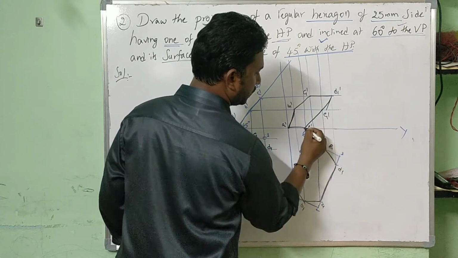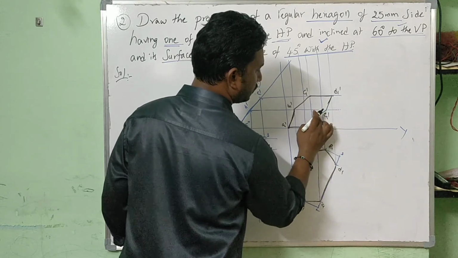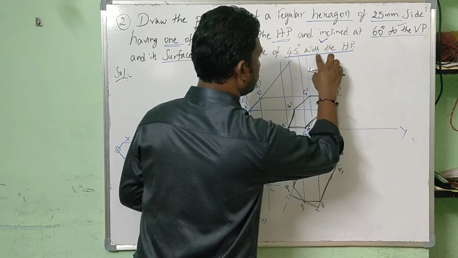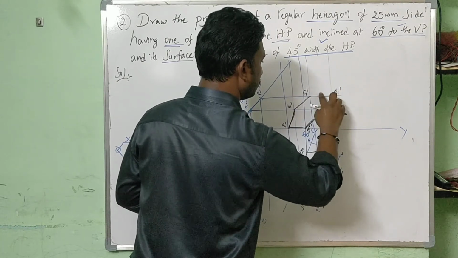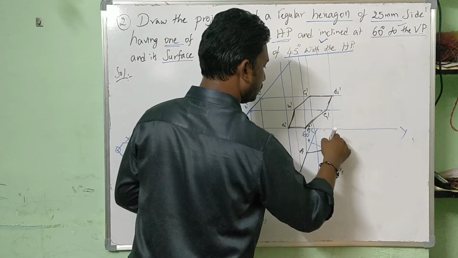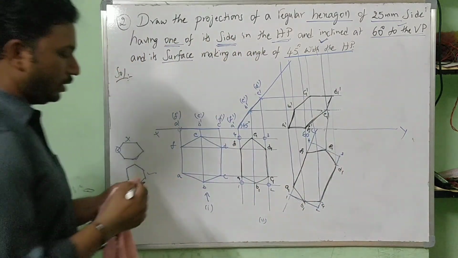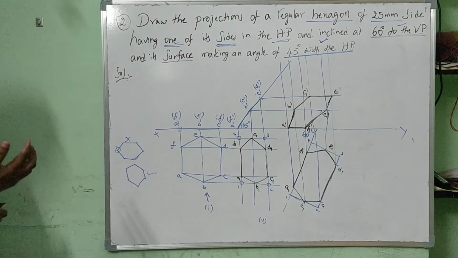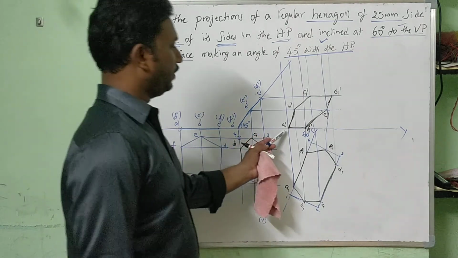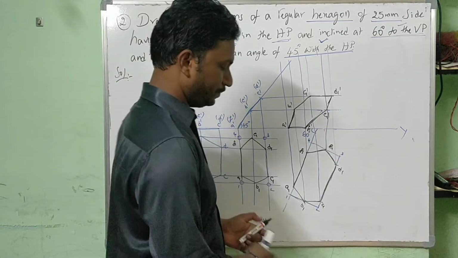What I can do here is I can just adjust this. See, whatever that depends upon all of the horizontal and vertical lines which you draw. Finally, A1 dash, B1 dash, C1 dash, D1 dash, E1 dash, F1 dash.